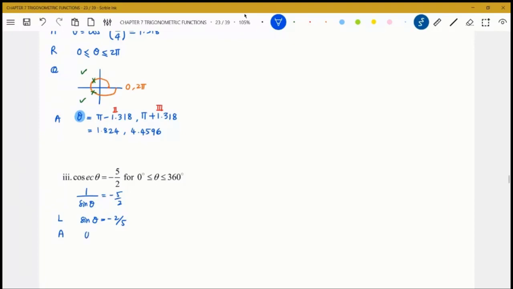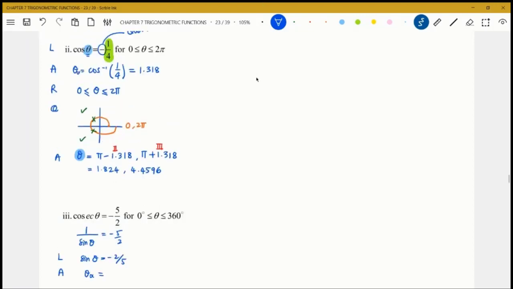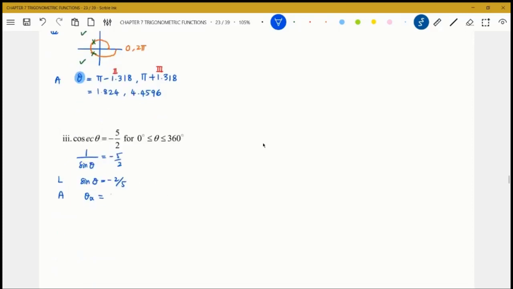So theta alpha. So this one should be ada alpha. Ni pun kena ada alpha. Okay, so theta alpha equal to inverse sine of 2/5. Jangan letak negative sign di sini. Negative sign hanyalah merujuk kepada quadrant. Okay, so we have it the range in term of degree.